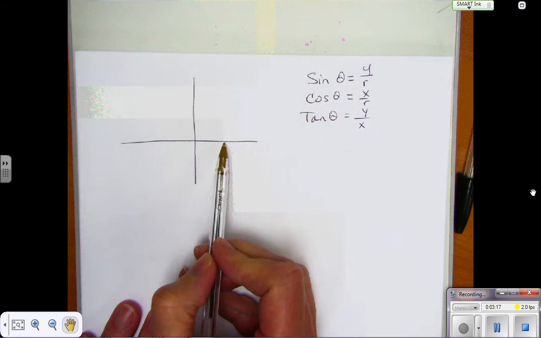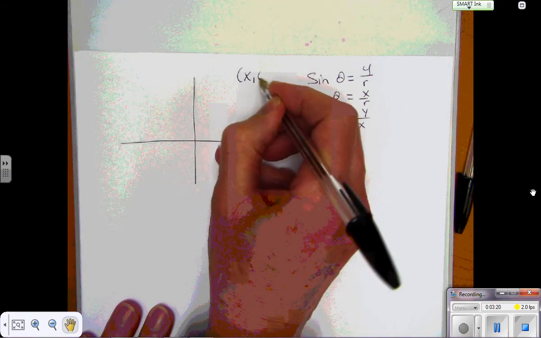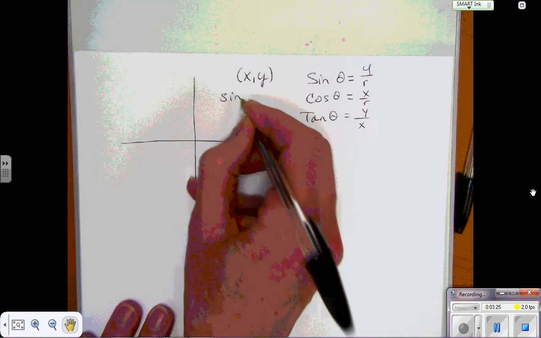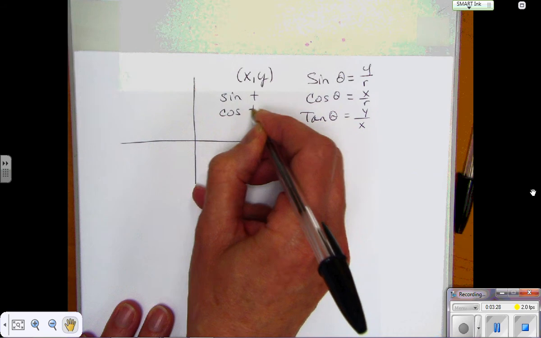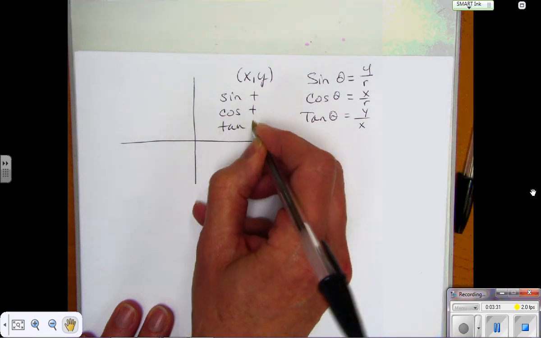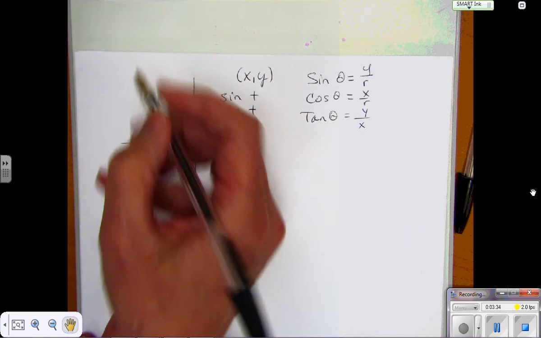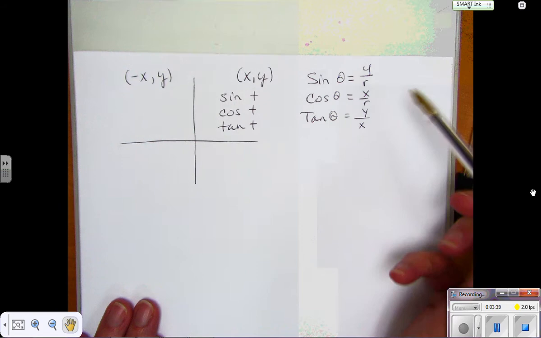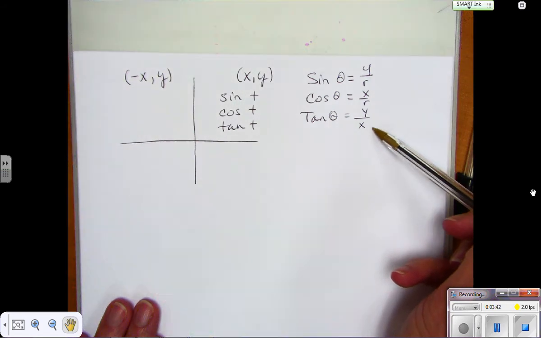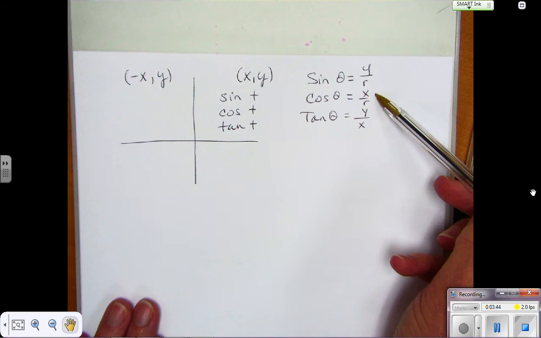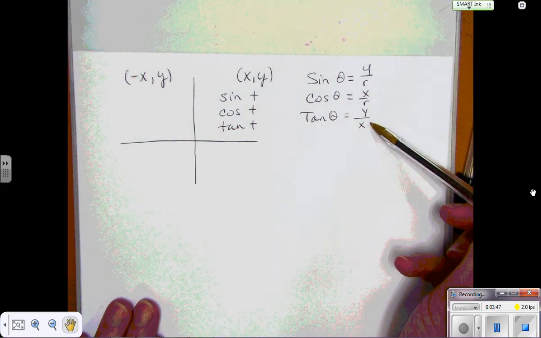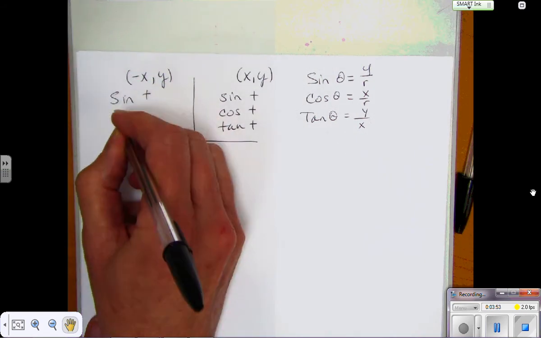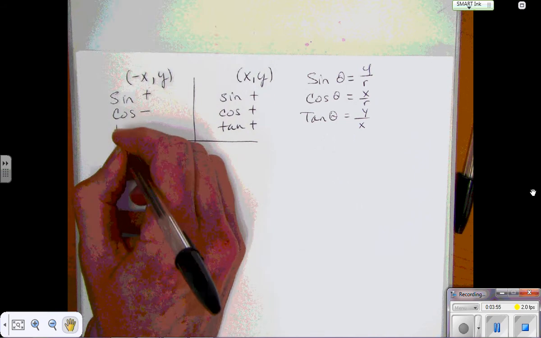In the first quadrant, x and y are both positive, so sine, cosine, and tan are all positive. In the second quadrant, your x value is negative but your y value is positive. So cosine and tangent are going to be negative, since they involve x. Sine is positive, cosine is negative, and tan is negative.